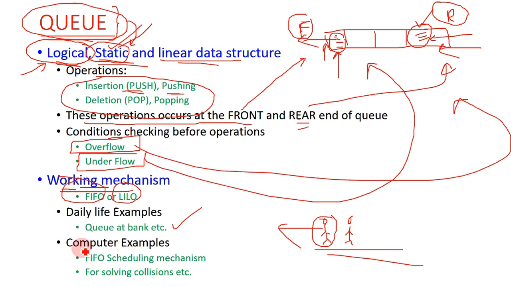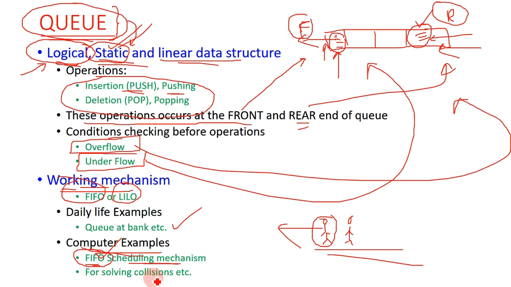And for a computer example, whenever the FIFO operation is there, you can implement this by using queue. So in a FIFO scheduling algorithm, you can assign priorities to multiple tasks by using FIFO. Okay, so there you can use the queue.